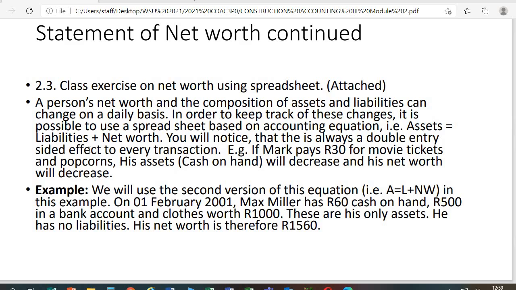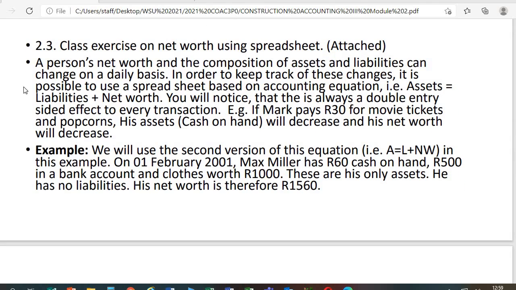We have an example. If Mark pays 30 Rand for a movie ticket and popcorn, his asset, which is the cash that he has on hand, decreases, and his net worth also decreases. And then we've got another example where we use the second version of this equation.